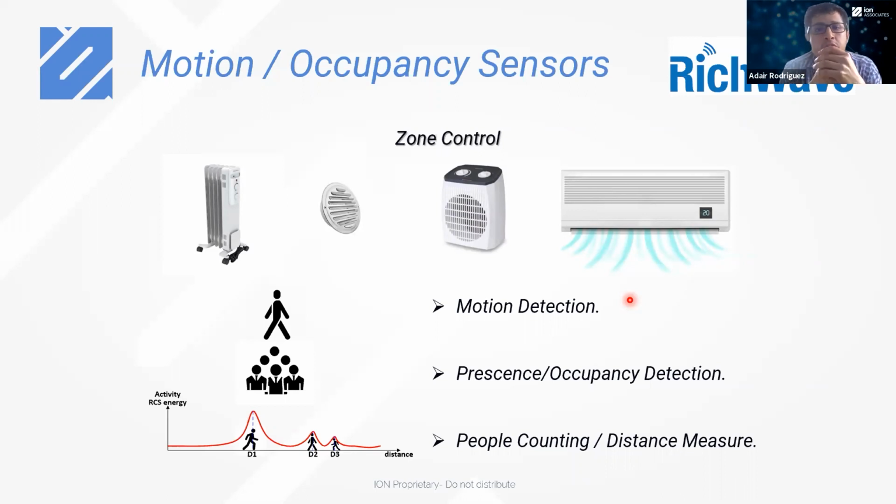We can turn off the system when we don't detect any person within the room, or turn it on when we identify people at a shorter distance, not only at 5 meters. Or we can gradually increase or reduce the temperature of the room as the users approach the room.